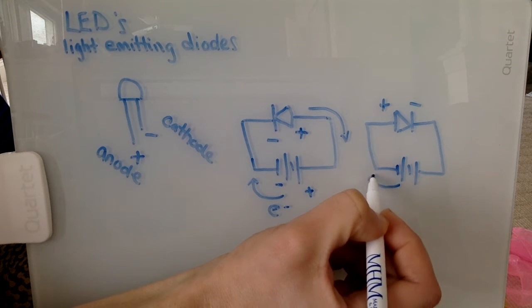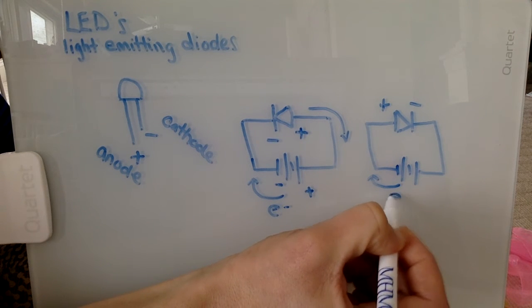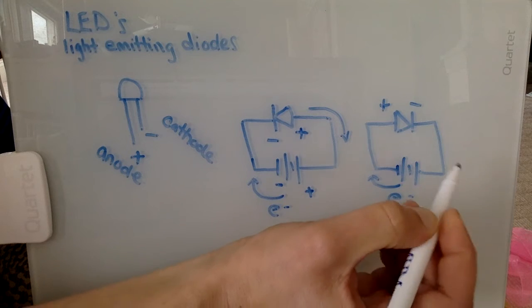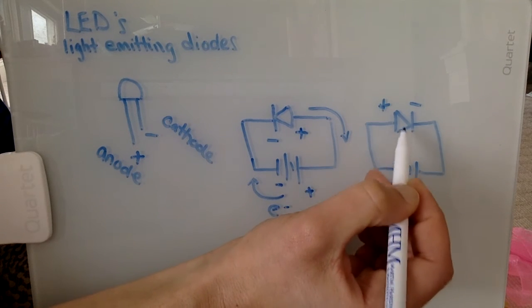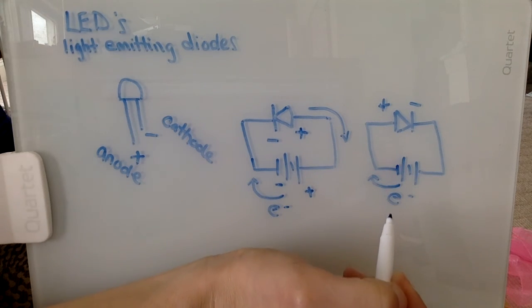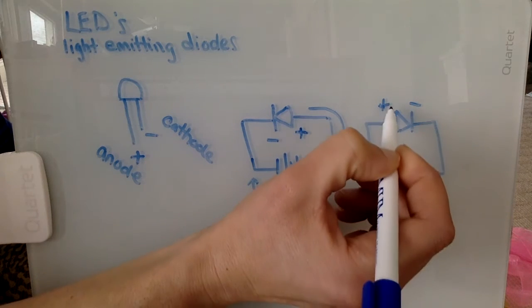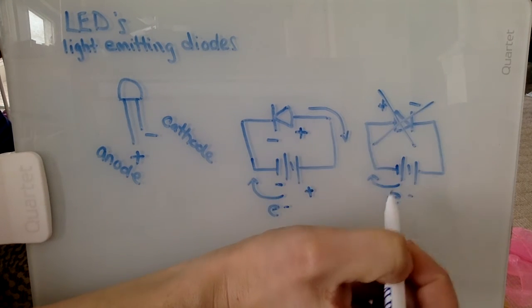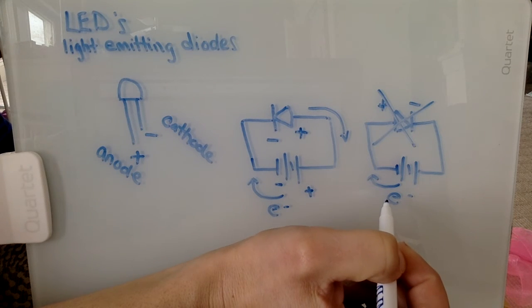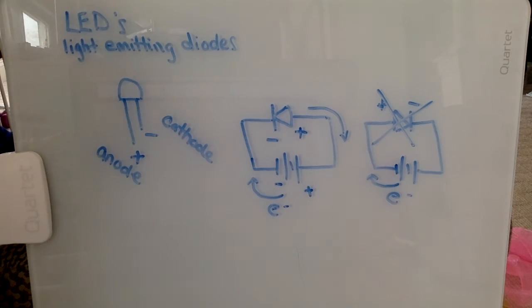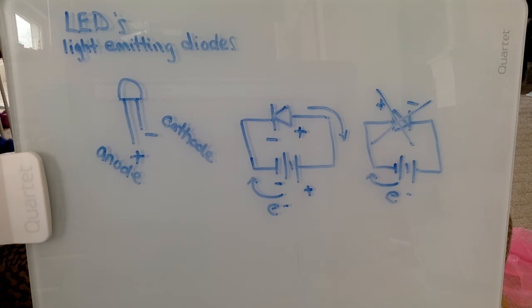Electrons are still going to travel in a clockwise direction, but since my LED has been wired improperly, essentially backwards, the entire circuit will not work. So the way that you wire an LED is extremely, extremely important.